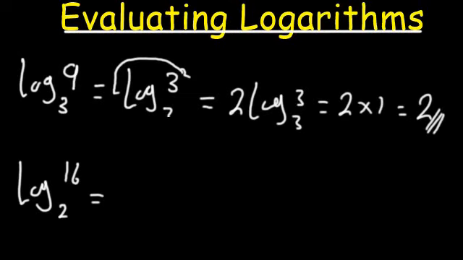This simply equals to, what should we multiply that will give us 16? Now, here is a tip I'm going to share with you, and I would like you to keep it in mind. You just want to focus on the base associated with a logarithm. If the base is 4, then what you are to multiply will be a value of 4. If the base is 3, what you are to multiply will be a value of 3. If the base is 2, what you are to multiply will be a value of 2.